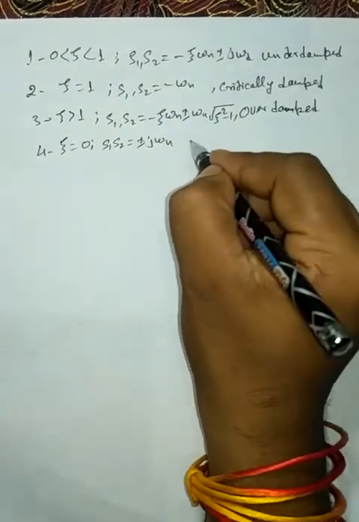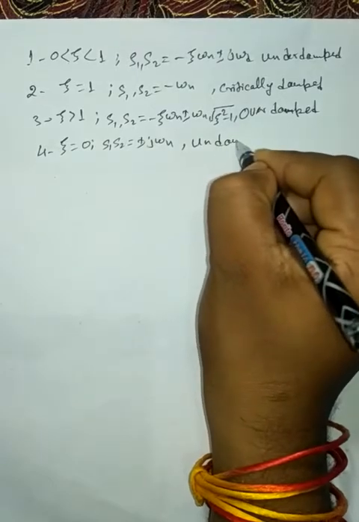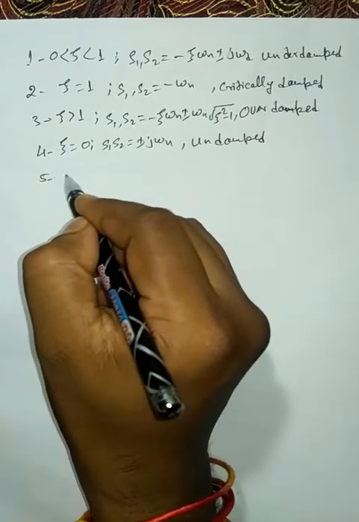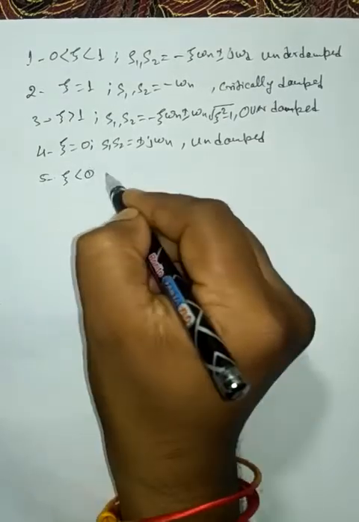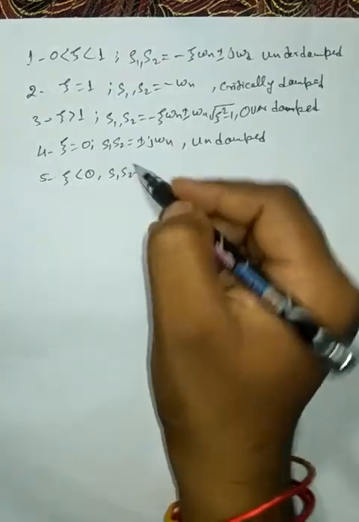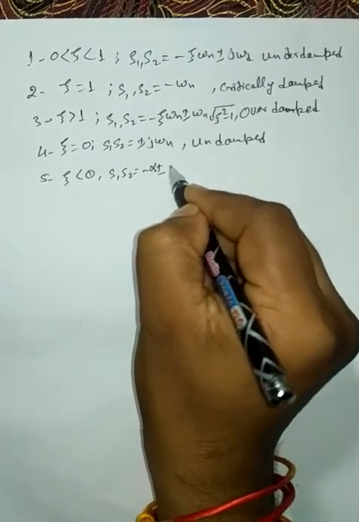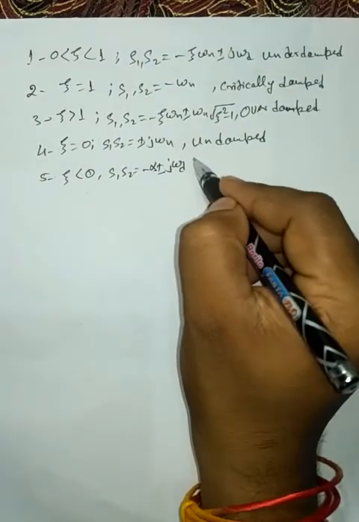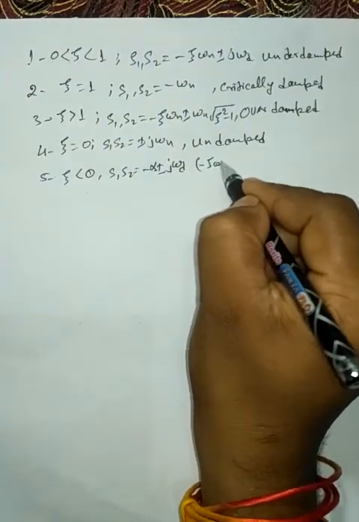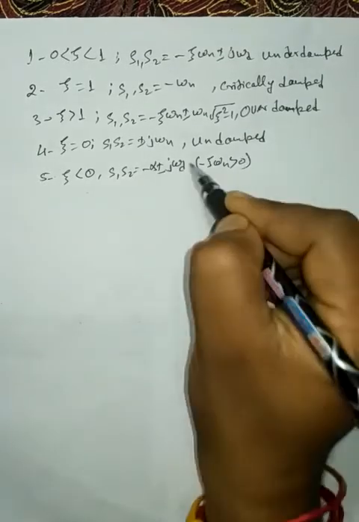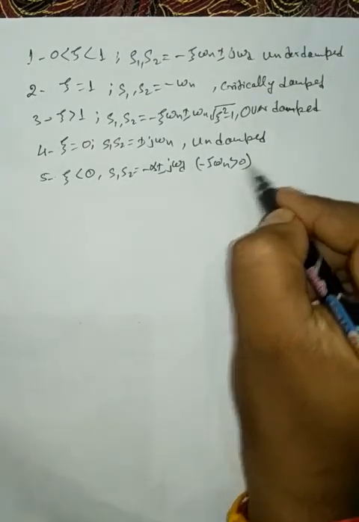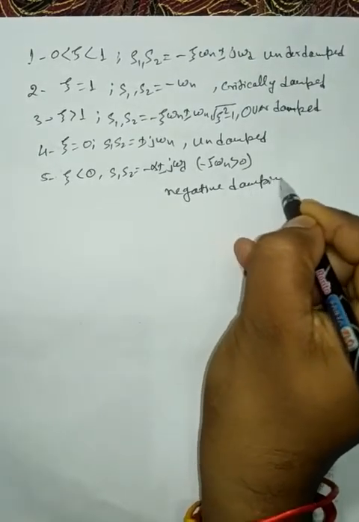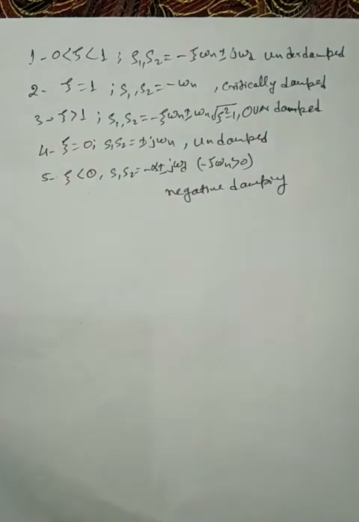And this case is for undamped response. In case 5, when zeta less than 0, S1, S2 are minus alpha plus minus j omega d, where minus zeta omega n is greater than 0, and this is for negative damping.